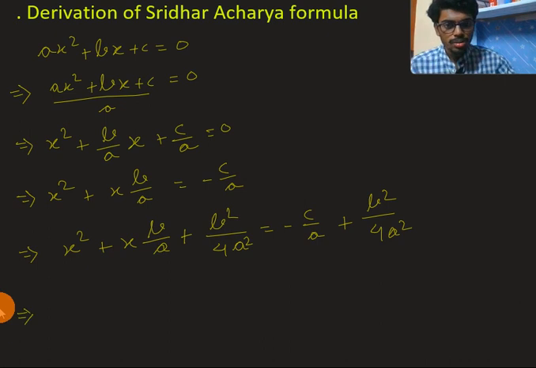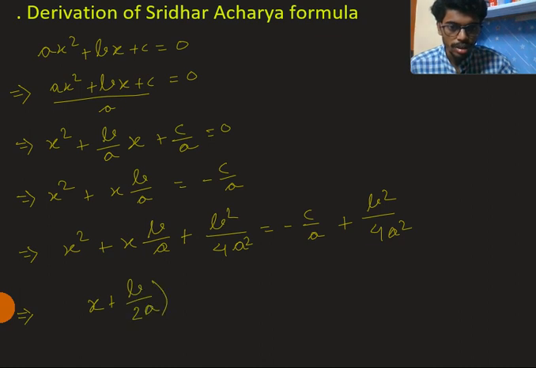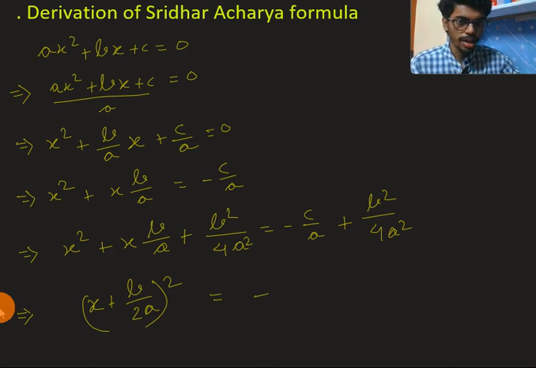Now you see that it is nothing but x plus b by 2a whole square, like a square plus 2ab plus b square, x plus b by 2a whole square, that is equal to minus c by a.